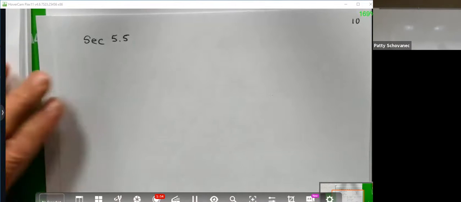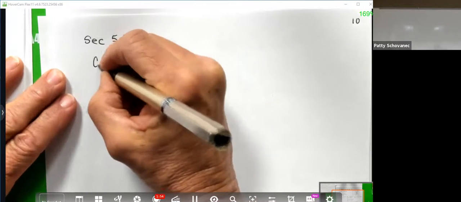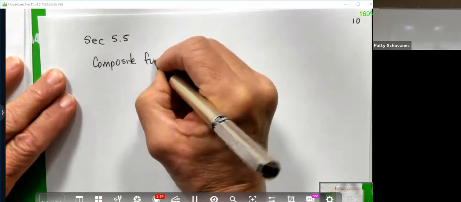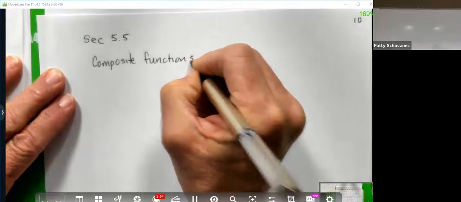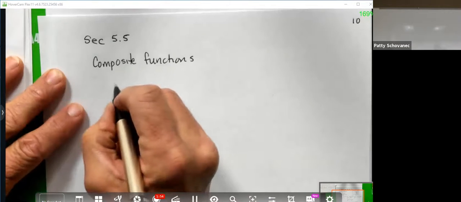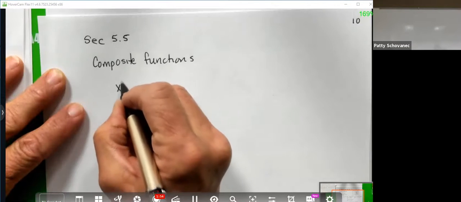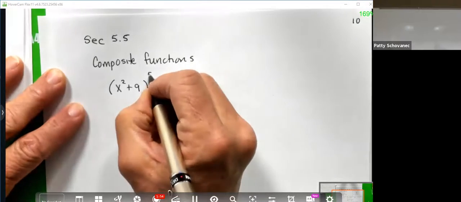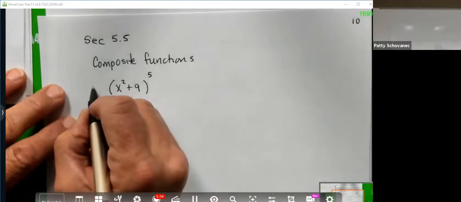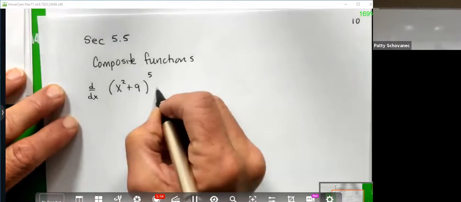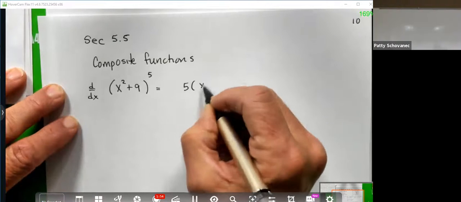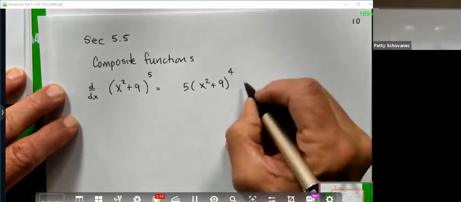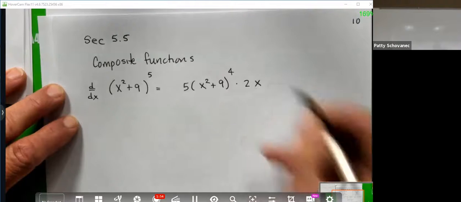So when we learned how to take derivatives of composite functions, for example, if I wanted to take a function like x squared plus 9 and raise it to another power, the derivative was more than just bringing the power down and raising it to 1 power less. You had to multiply by the derivative of what's inside.